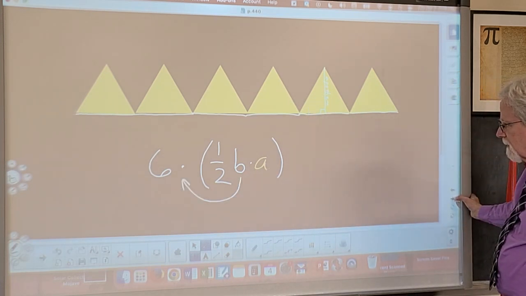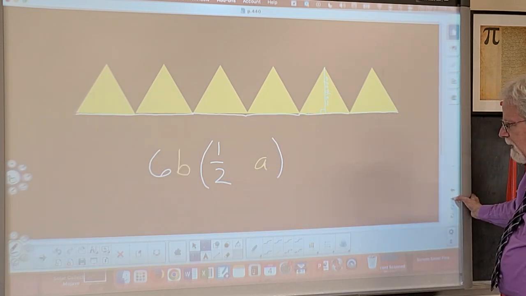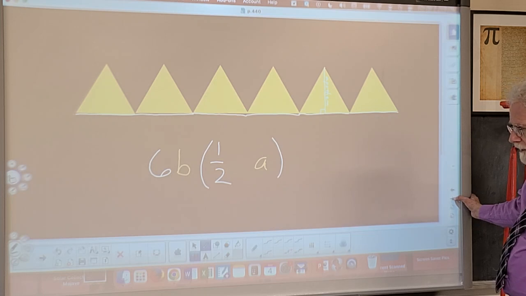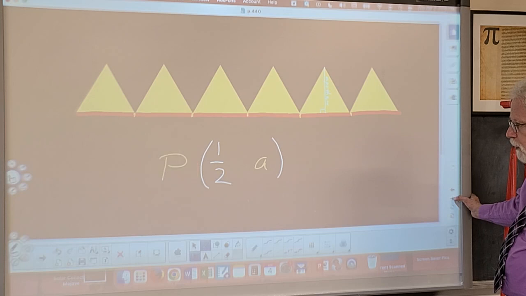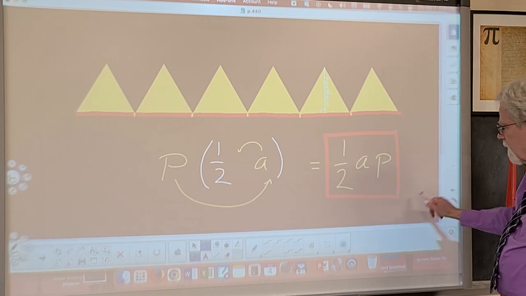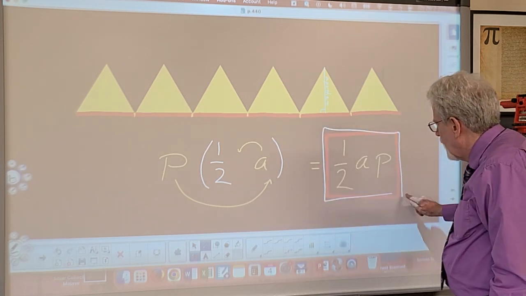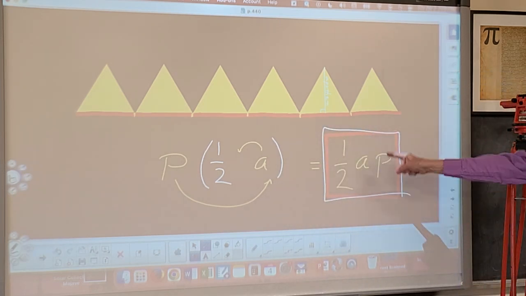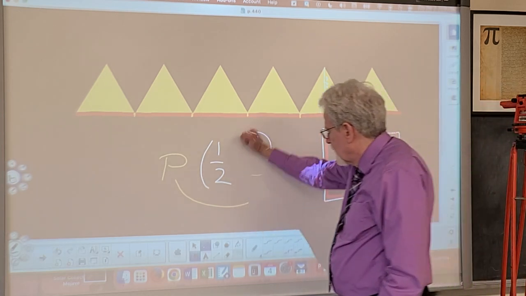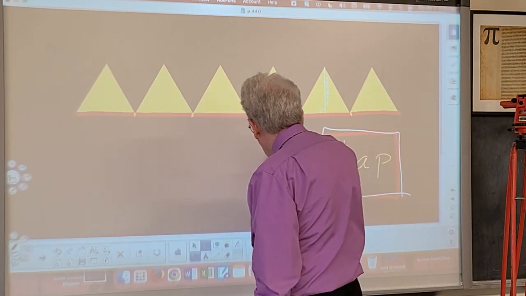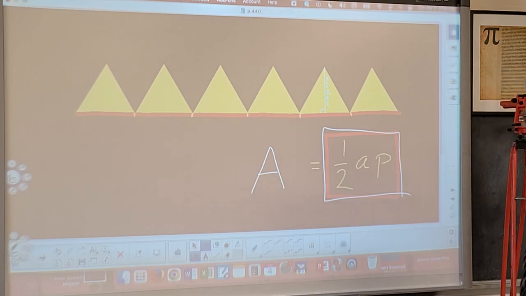But 6 times the base has a better name. 6 times the base is known as the perimeter. And if we rearrange that a little bit, we get 1/2 times the apothem times the perimeter. That is the formula for the area of any regular polygon. 1/2 times apothem times perimeter.